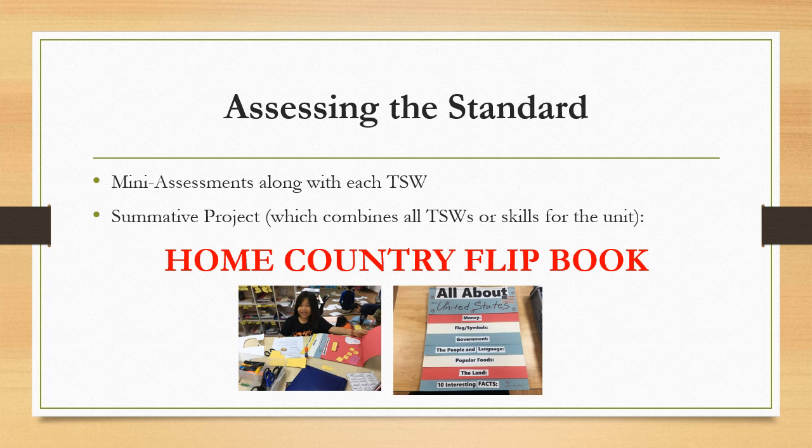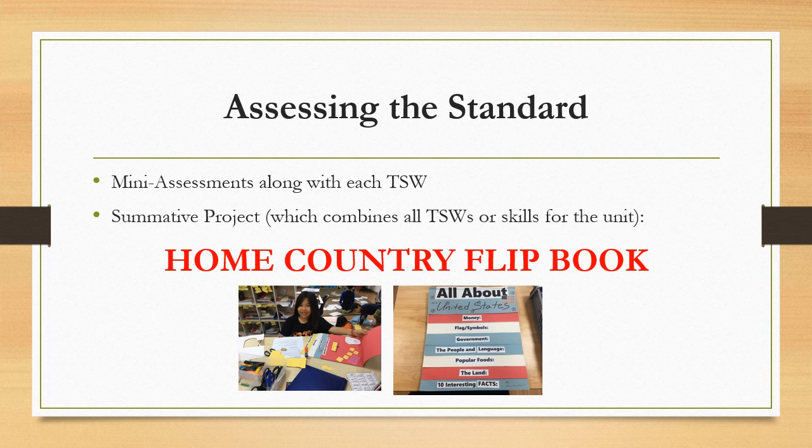Even though throughout the entire unit I'm giving little mini assessments along with every TSW or lesson, at the end of each unit I also give a summative project, and for this unit I have done a project called Home Country Flipbook, and this combines all the TSWs or skills for the entire unit.